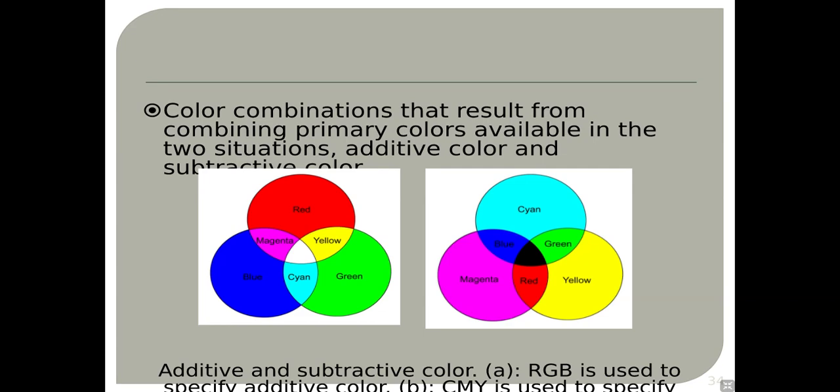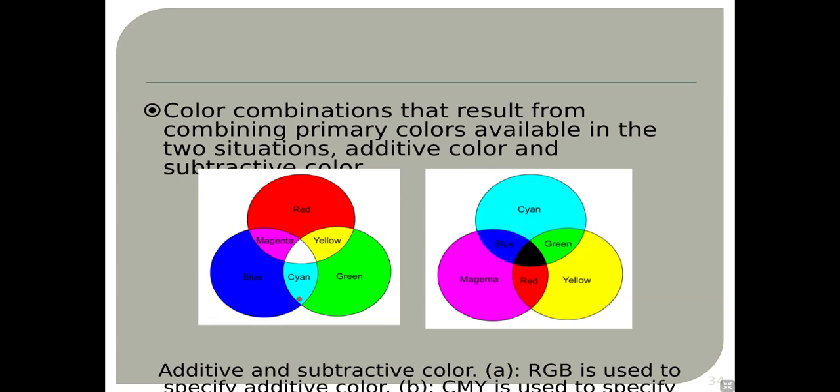Okay, this one, from the science subject we have already learned color combination from this RGB. We will get either additive color or subtractive color. So we know we have this. Additive, cyan with magenta, we get back this.